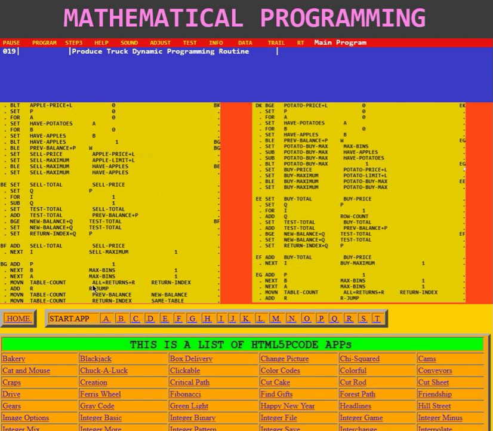Remember, we need that information to go backwards to find out the best solution. Then we add R jump to R. That's so we then go to another place where we're going to store another return index set into all returns.